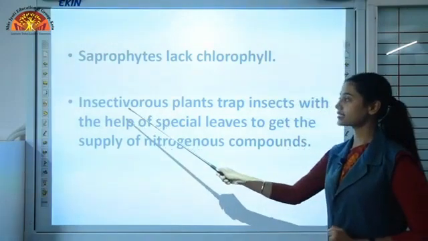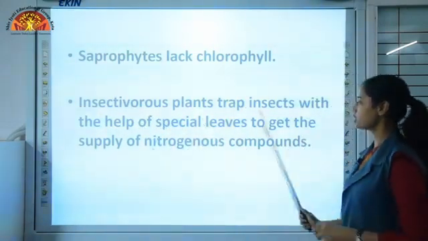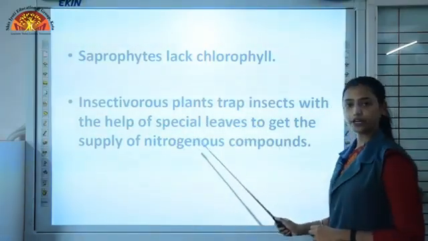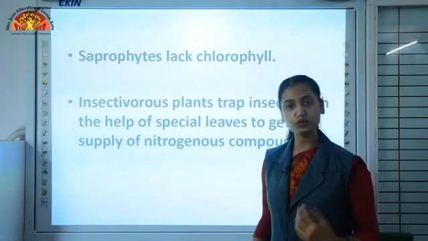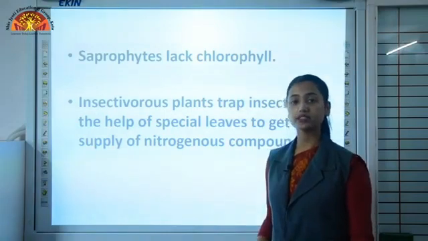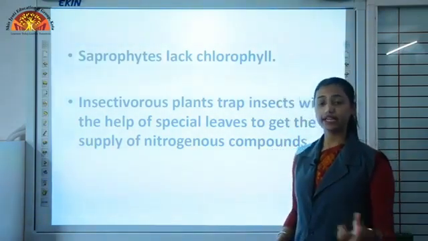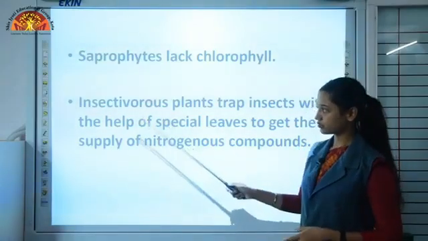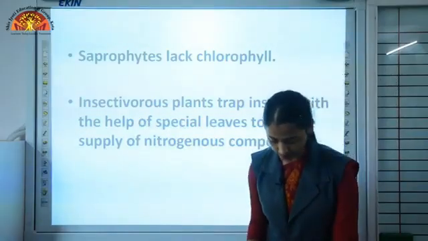And last, insectivorous plants trap insects with the help of special leaves to get the supply of nitrogenous compounds. These insectivorous plants are able to produce their food, but still they depend on some insects to fulfill the requirements of extra nutrients which their body requires. So that was all about chapter 1. Thank you.